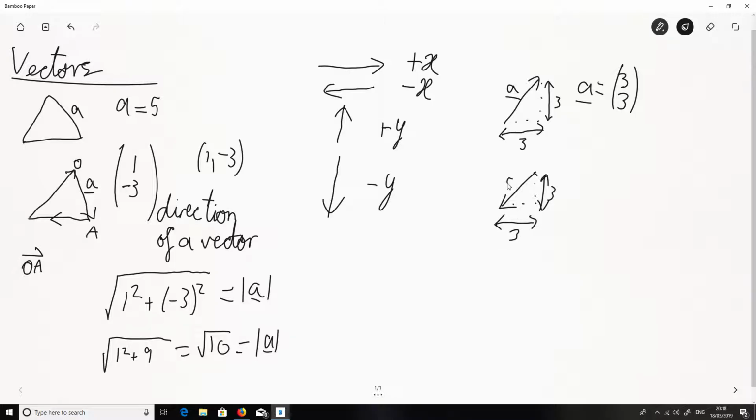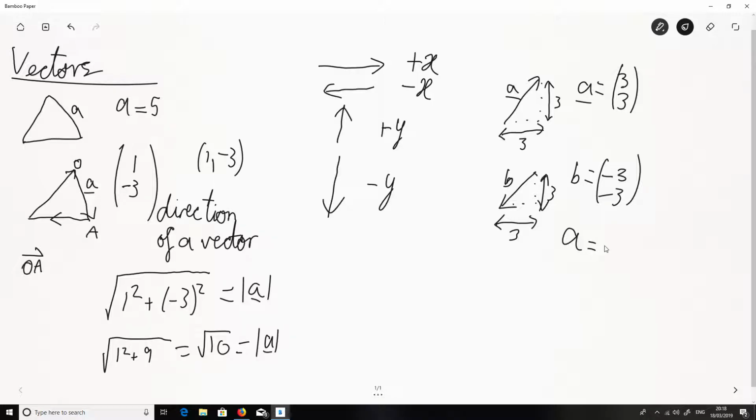But this vector, b, we'll call it, b is now (-3, -3). Because it's moving in the opposite direction, that means the values are the same, but the direction is different. And so we see that a is (3, 3), b is (-3, -3).